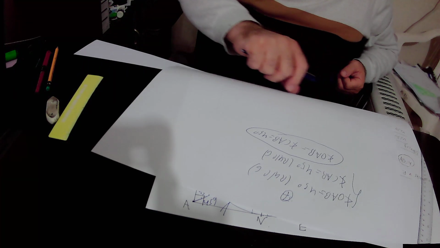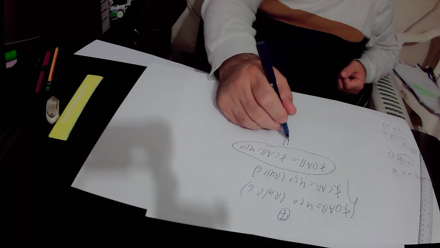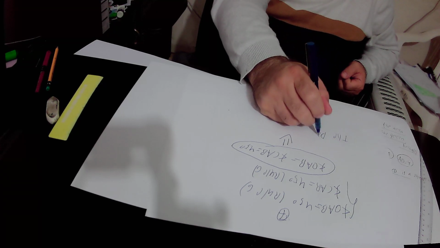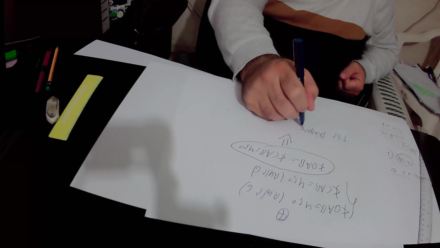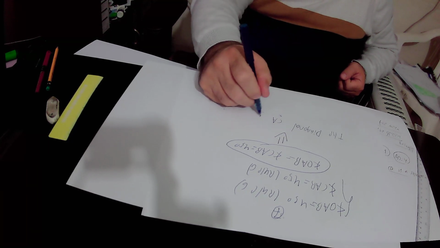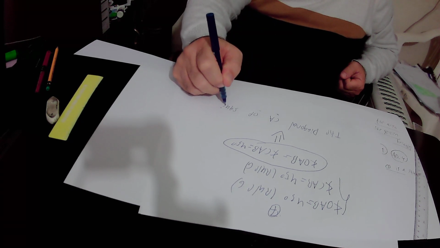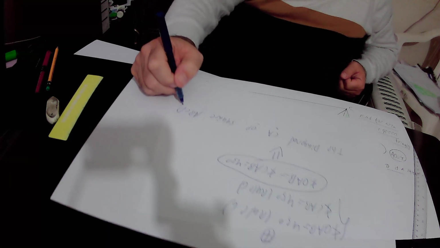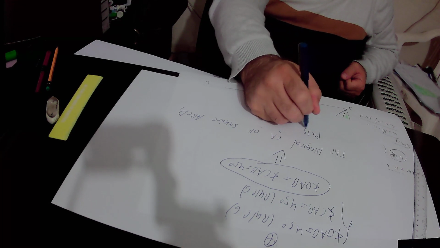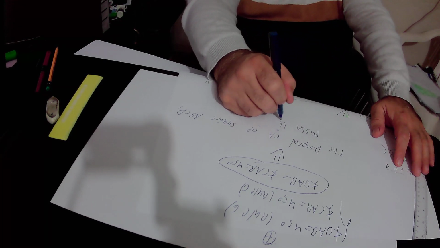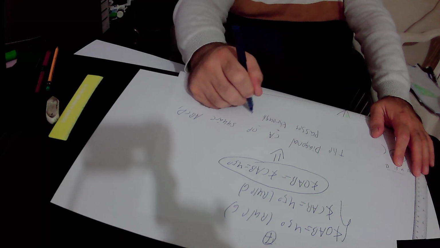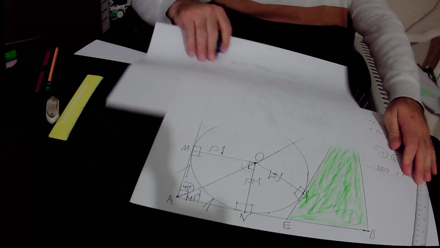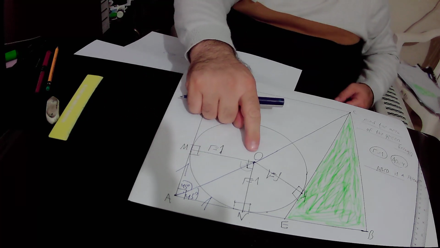We will conclude from the fact that angle OAB equals angle CAB, that the diagonal CA of square ABCD passes through point O.